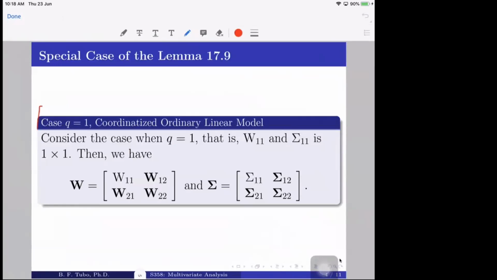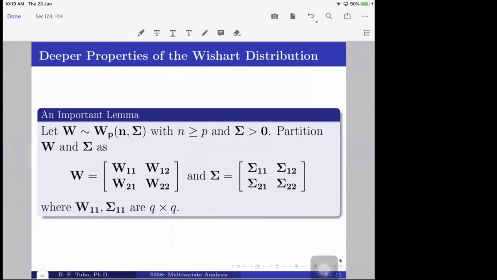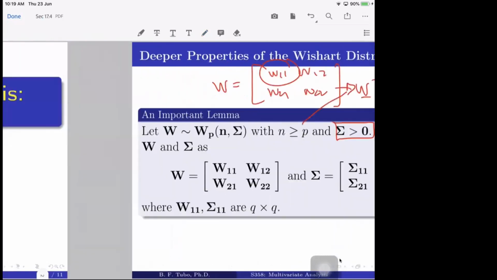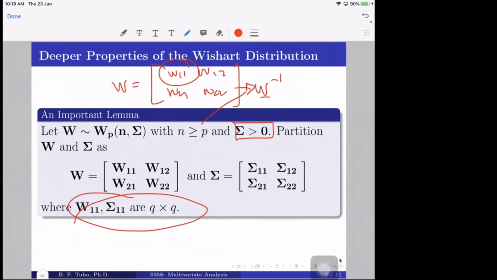That is when the case Q is equal to 1. So where do we see Q? Wishart is P by P, so Q will be this one, no? Your W11 is 1. So what will happen?